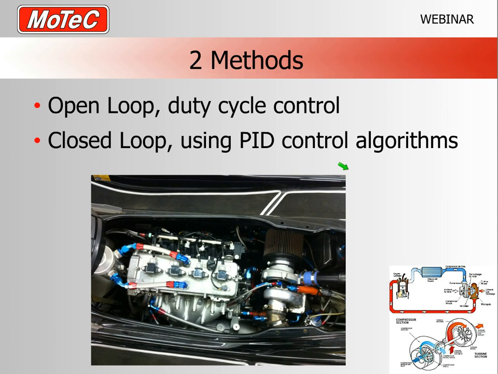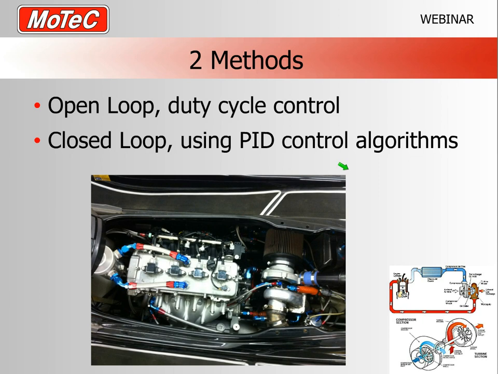So these algorithms have to be tuned in order for the system to work correctly, because every system responds differently. A system with a large turbocharger, lots of plumbing, a big intercooler, and lots of lag requires different PID settings compared to one where, let's say, it has no intercooler and the plumbing is all very short, so there's no delays.